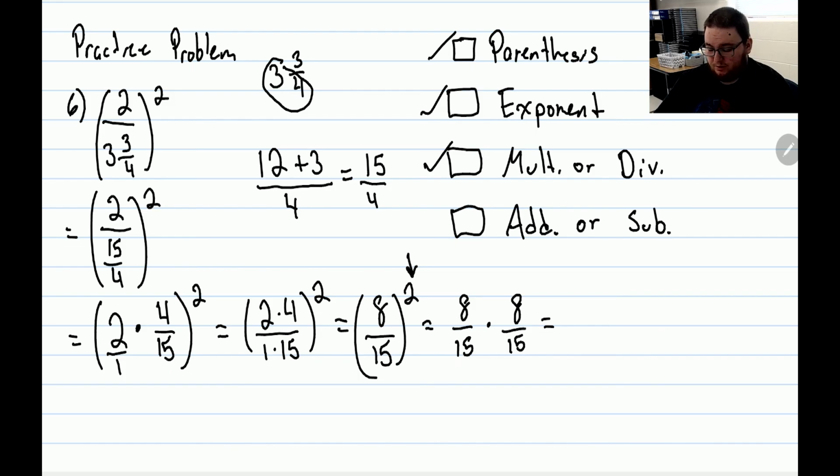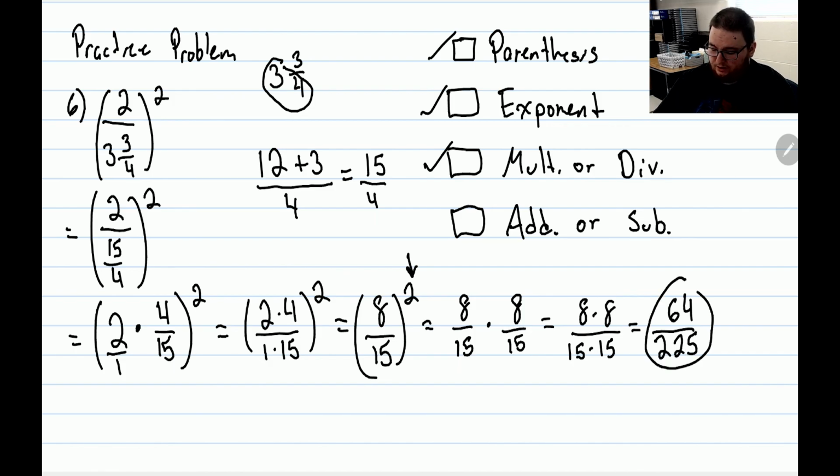So what's 8 over 15 multiplied by 8 over 15? Well, you should be able to tell me that we're multiplying two fractions, so we just multiply straight across. We have 8 times 8 over 15 times 15. 8 times 8 is 64, and 15 times 15 gives us 225. And that's our final answer for practice problem number 6.